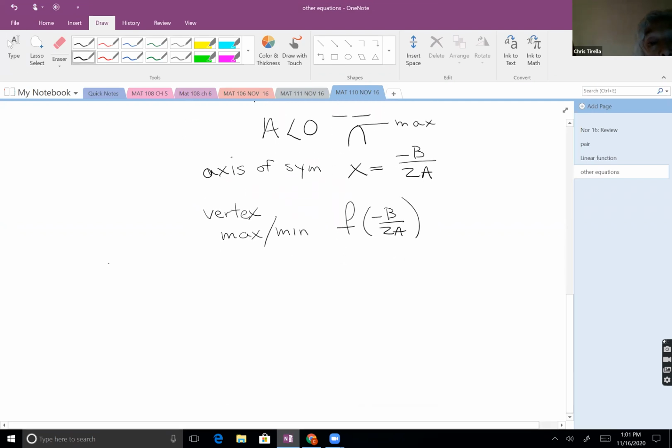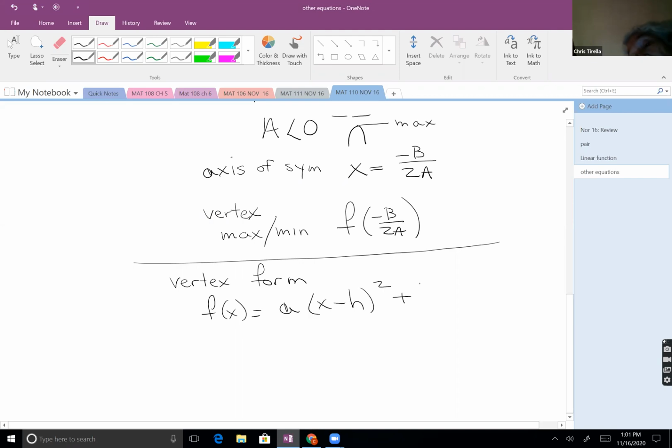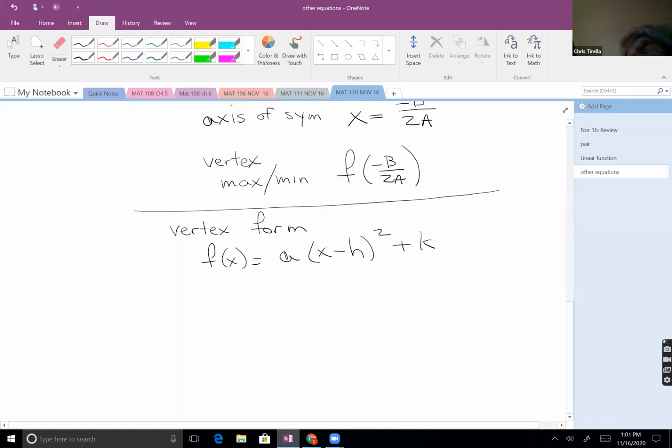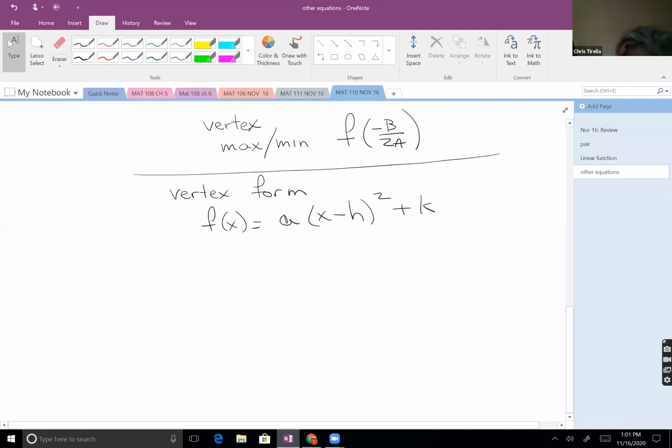The much more user-friendly form was the vertex form, which was f of x equals a times x minus h quantity squared plus k, which we could get by completing the square, and then use this combined with the idea of transformations. Again, if a is positive, it opens upward and we have a minimum.